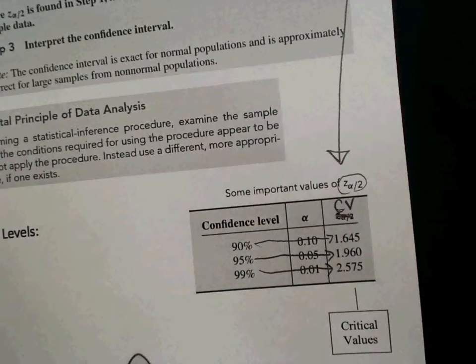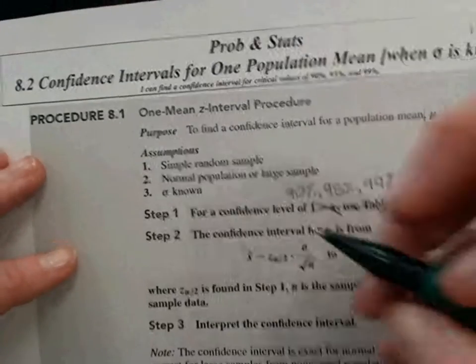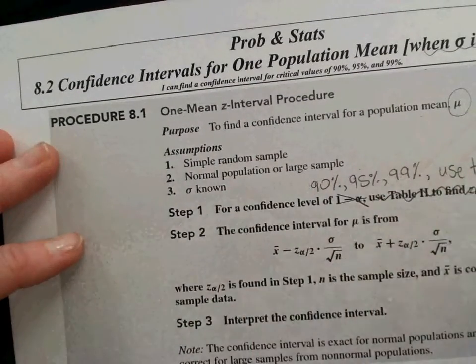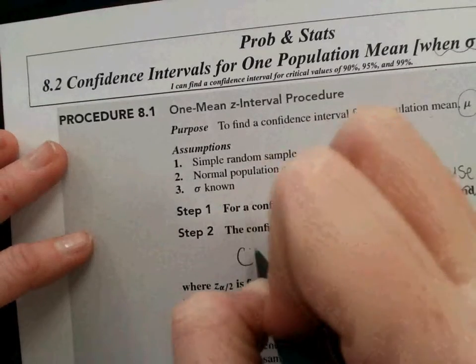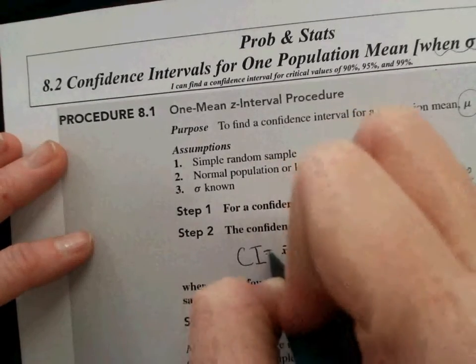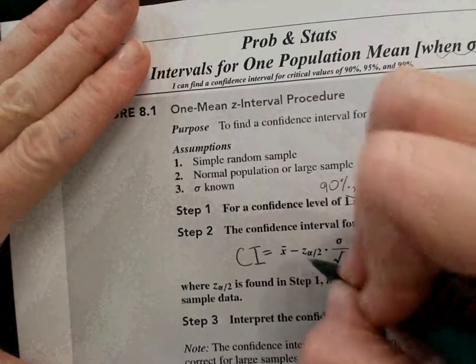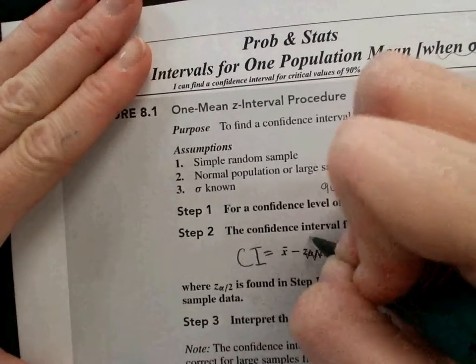Step 3 in this process, step 2, I forgot step 2. We've got a formula. Our confidence interval is equal to x bar minus, instead of the z sub alpha over 2, we're going to write CV.